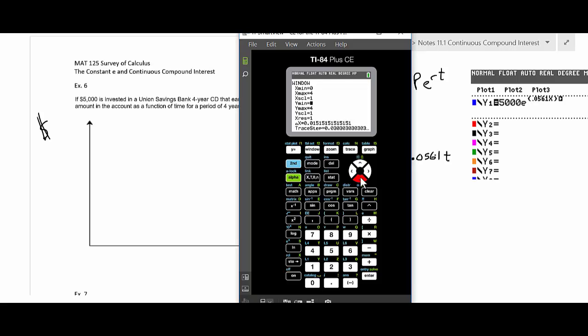Next thing you got to do is figure out how to do your Y. Well, to figure out your Y, just look at your table. Just go ahead and do second graph, open up your table, and just see what kind of values you have. It's kind of like a spreadsheet. It's basically after 1 year, this is how much money would be in the bank. After 4 years, there's how much is going to be in the bank.